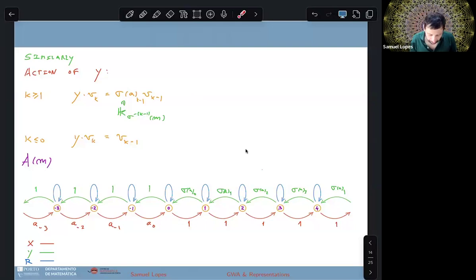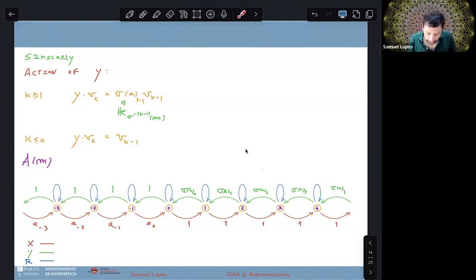In red you have the action of x. In green, you have the action of y. And in blue, you have the action of r. This is very abstract. R can have many elements. Even in the case of SL2, the two generators of R are H and T, so there are two different things which I'll have to look at.